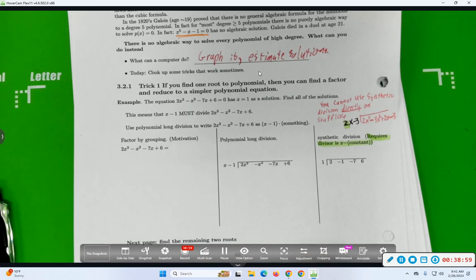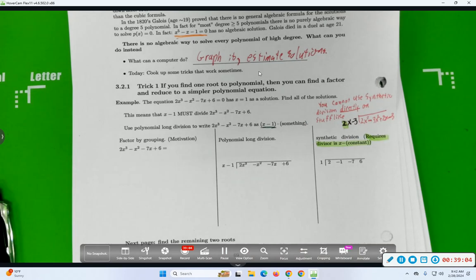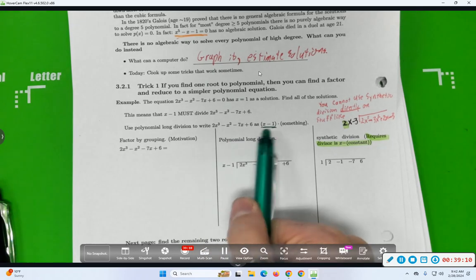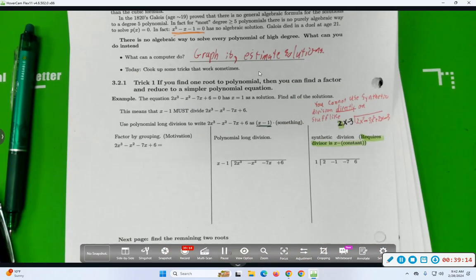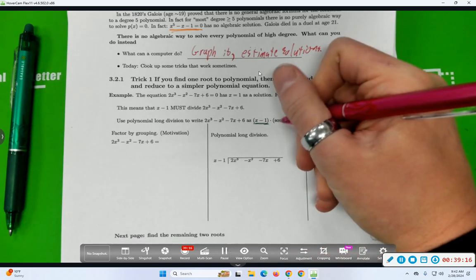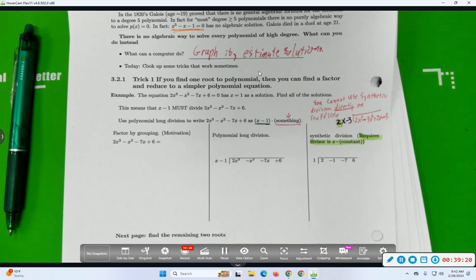Polynomial division then says that x minus 1 is a factor of this polynomial. So I can definitely write down this degree 3 polynomial as x minus 1 times something. Before we do anything, let's see what we could say about that something.